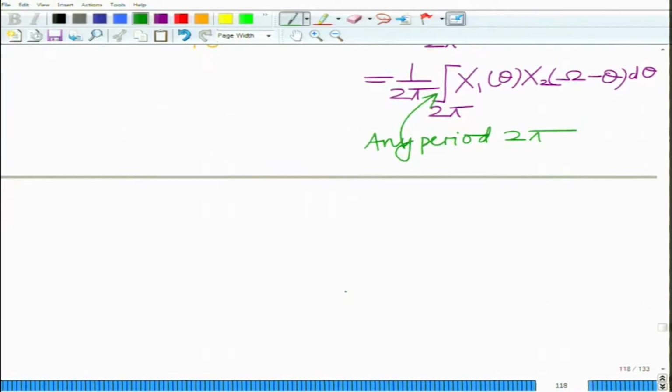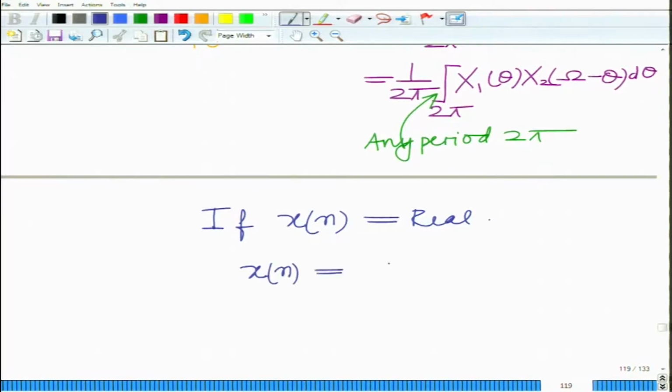Now some other properties. If x[n] is real, let us consider a real signal, then I can always express a real signal as the sum of even and odd components.